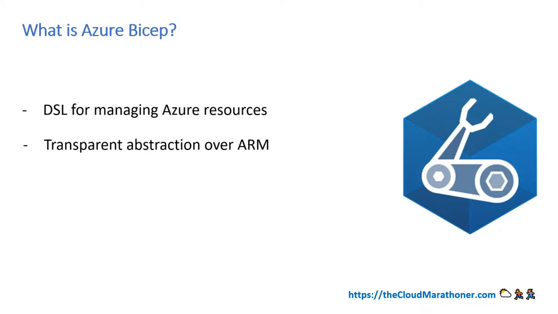ARM is Azure Resource Manager, and this is the layer in Azure which actually controls all the client requests, RESTful HTTP requests that come to Azure in order to manage those resources which are in your subscription. And again, Azure Bicep is a much simpler way to manage your Azure resources and create them and update them when you need it.